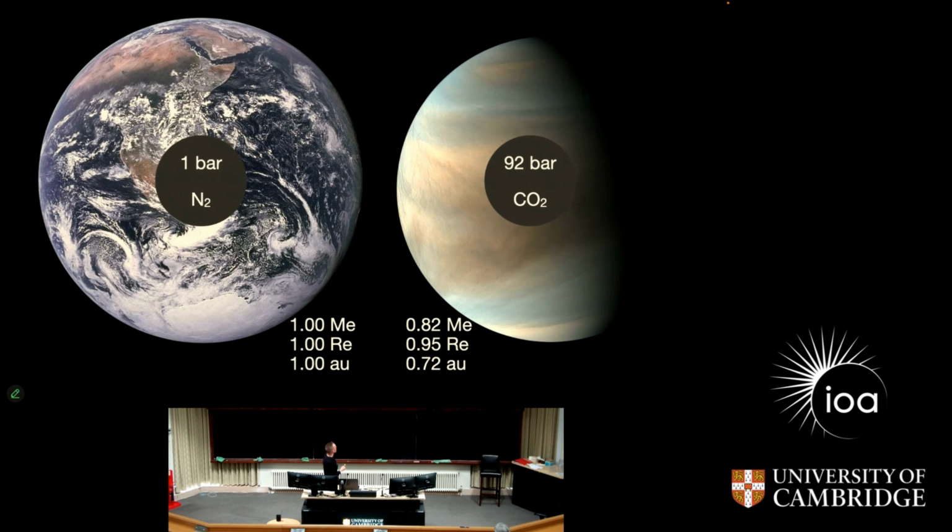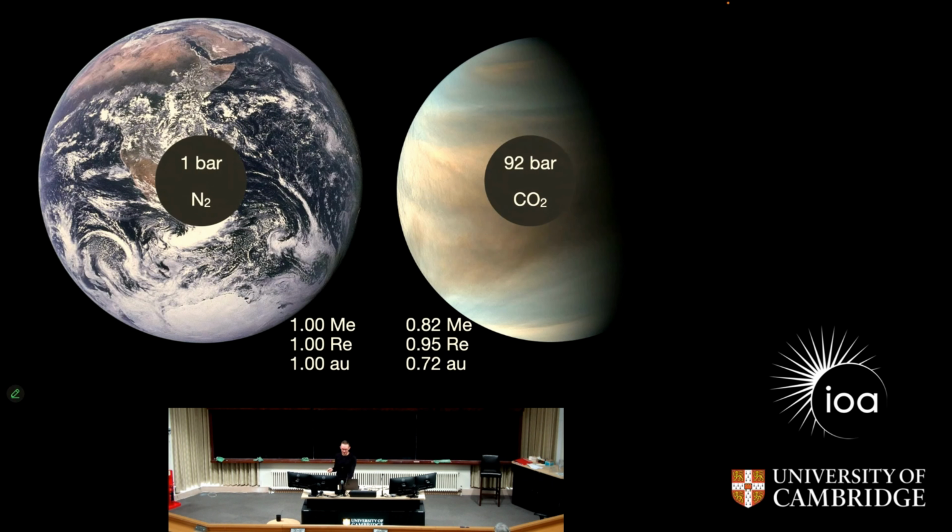It's got a 100-bar atmosphere of CO2 and a surface over 400 degrees C. And obviously we've got Earth with just a 1 bar nitrogen-dominated atmosphere and temperate surface conditions. It seems sort of trivial, like looking at Earth and Venus. It seems like it should be easy then to go and look at rocky planets around other stars and see which ones are Earth-like and which ones are Venus-like. But actually, it's not easy.